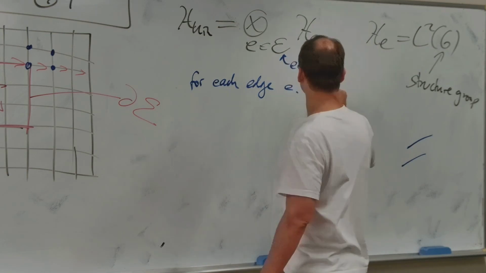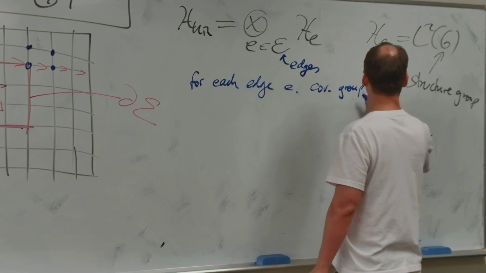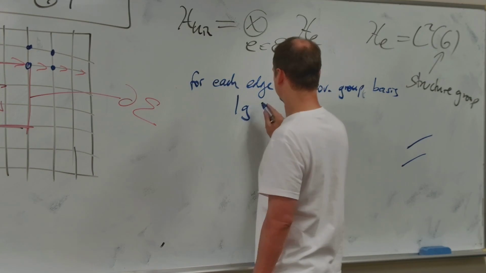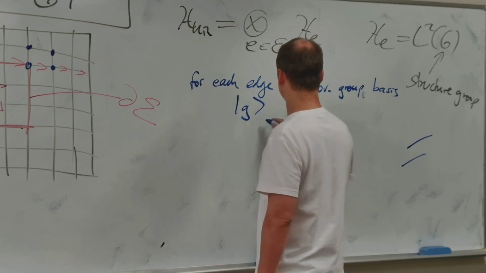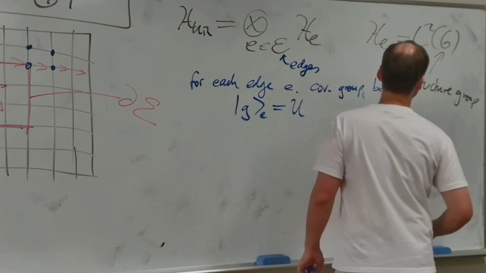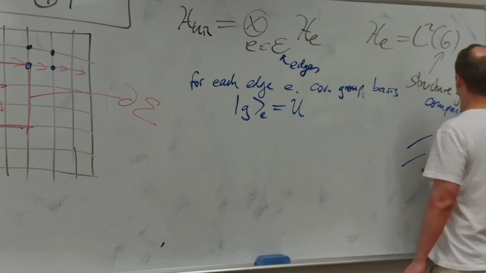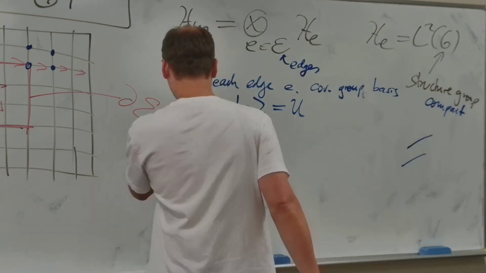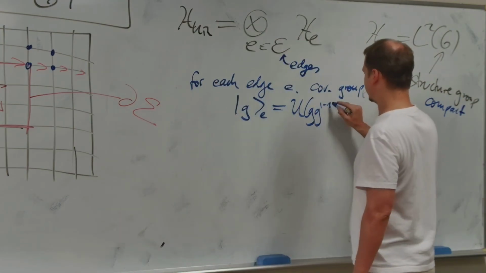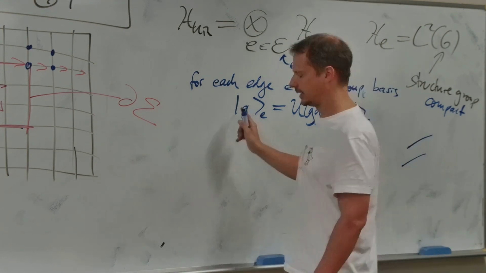So we have a covariant group basis. We have |g⟩_E, and for simplicity, let's think about G being compact. Write it as ⟨g'^{-1}|g'⟩.